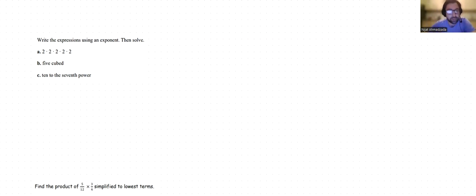Okay, so now looking at the question, it says write the expressions using an exponent. What the hell is an exponent? Well, that's a very weird thing, because if you see a to the power of n, something like 9 to the power of 3, this guy over here, we call it exponent.